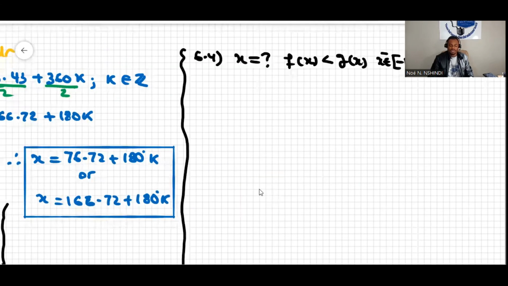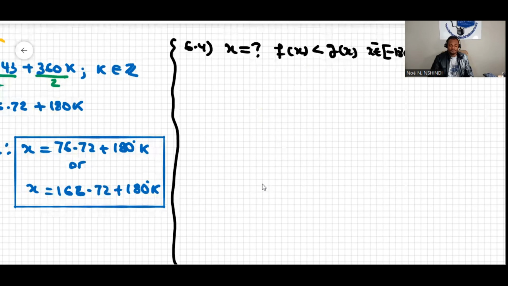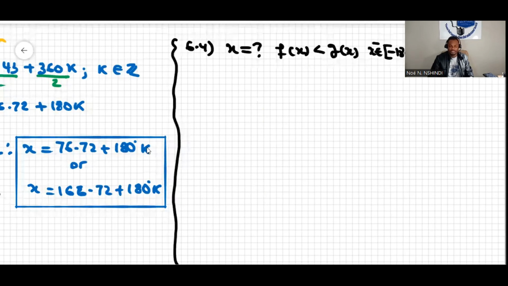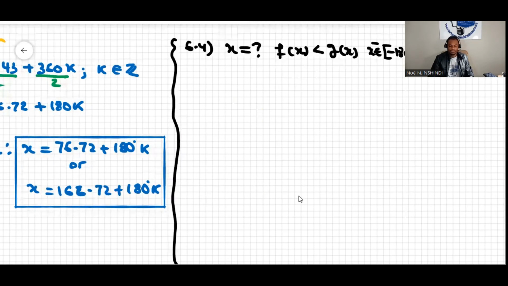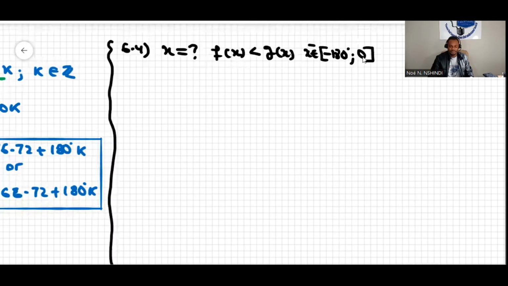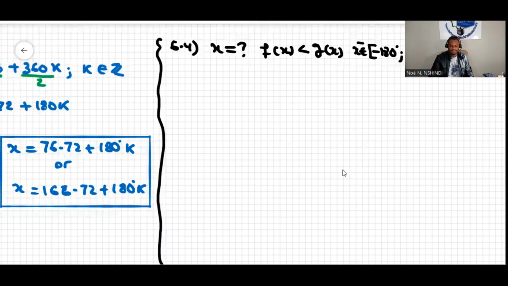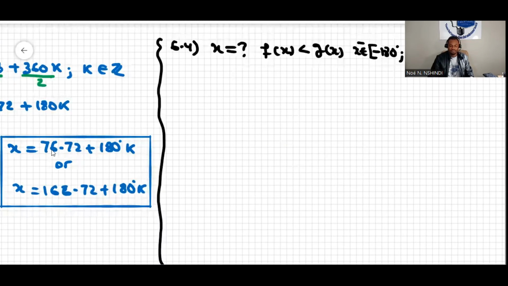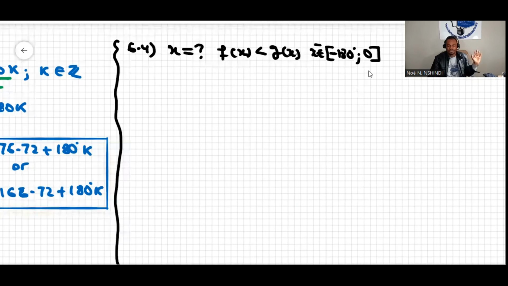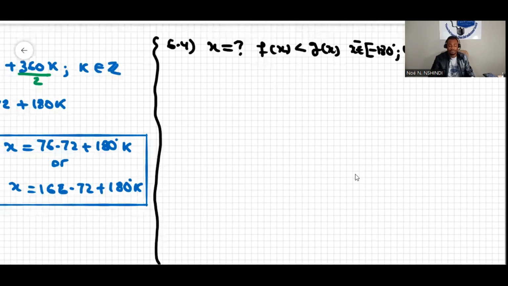Now, if k has a value of 1, for instance, we already exceed the upper boundary. If k is 1, the answer will be like 256 something. It's going to be more than 0 here. So k cannot be 1. I'm going to take a value lesser than 1.